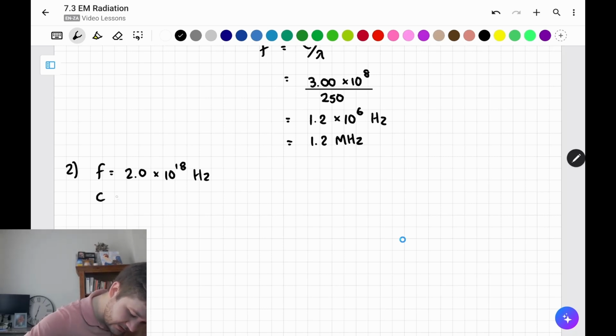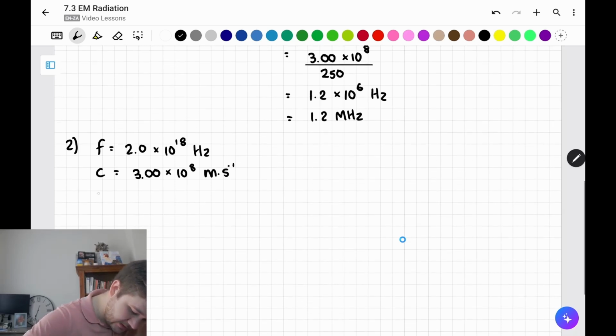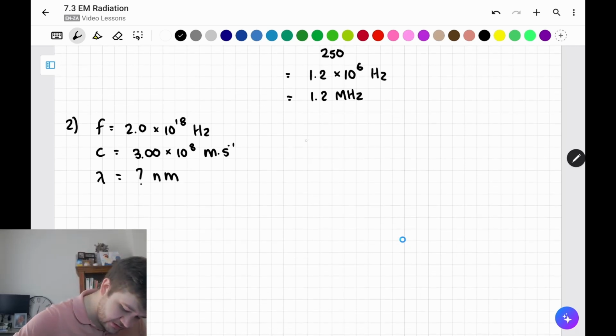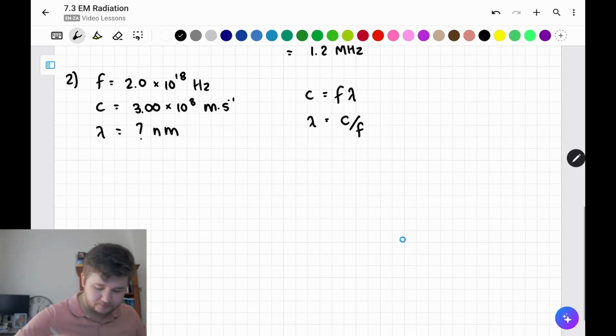We again know what c is, 3.00 times 10 to the power 8 meters per second, and they want lambda in nanometers. Okay, so let's apply our equation. c is equal to f multiplied by lambda. Therefore, lambda should equal c divided by our frequency.